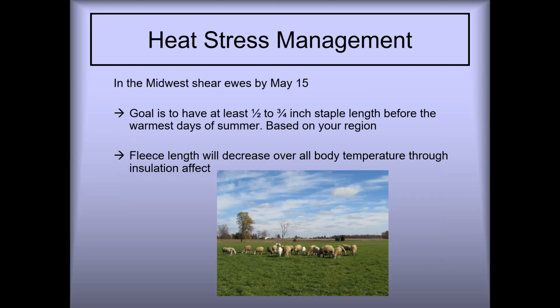We sheared 300 ewes last week, and we'll do another shearing coming up in May. Essentially, by the middle of May, if we can have those ewes slick, as the heat of June and July start to roll around, we actually have some increase in our wool length and our staple length, which helps to dissipate heat.